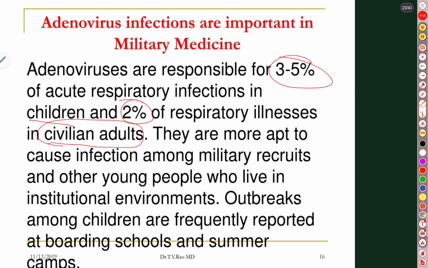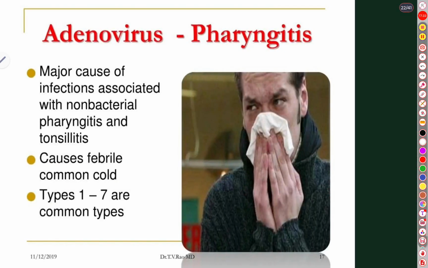They are more apt to cause infection among military recruits and other young people who live in the institutional environment. Outbreak among the children at the boarding schools, summer camp, it happens in all these, that's why the 2% went there.